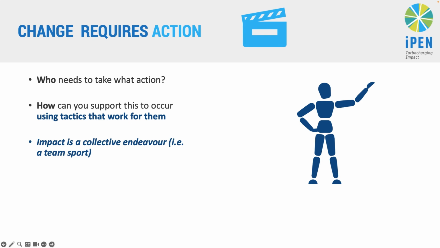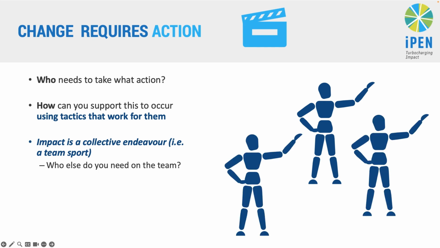The other thing to remember is that impact is a collective endeavour. Impact's a team sport. So have a think about who else you need on the team to help you get that change and impact pathway progressing as successfully as possible. So here we make the differentiation between actors and stakeholders.